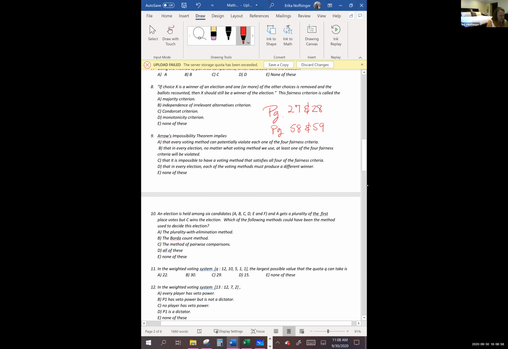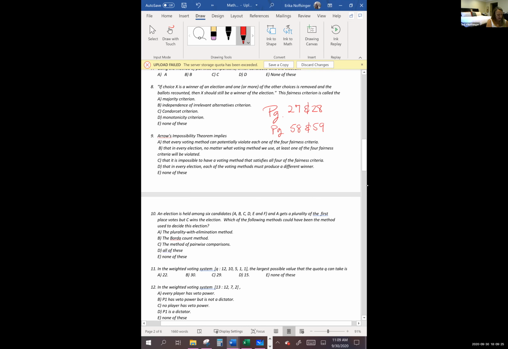Fairness criteria are basic rules that define formal requirements for fairness. A fair voting method is expected to always satisfy these basic rules. Okay, so we have the following criteria. Majority criterion, a fairness criterion that says that if a candidate receives a majority of the first place votes, then that candidate should be the winner. So that wasn't it.